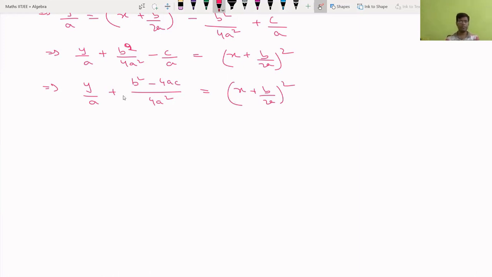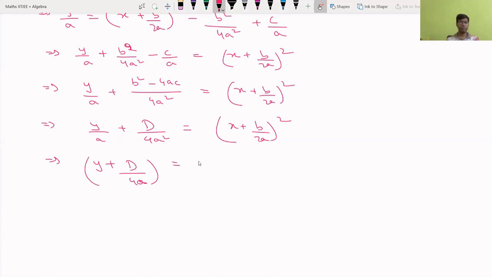And I know that this term, that is b square minus 4ac, is nothing but D. So I can write it as y by a plus D by 4a square is equal to x plus b by 2a whole square. If I take a on the other side, I will get y plus D by 4a is equal to a multiplied with x plus b by 2a whole square.